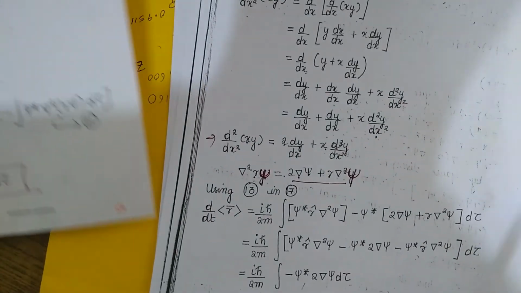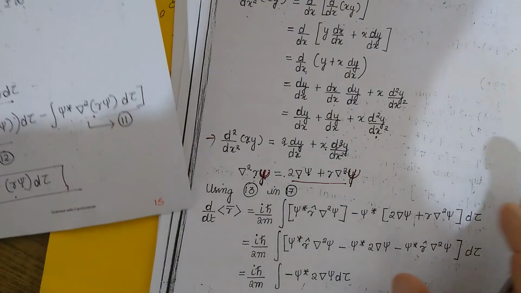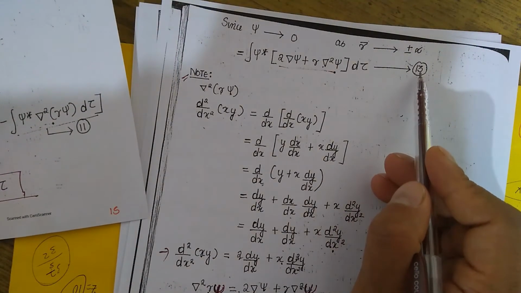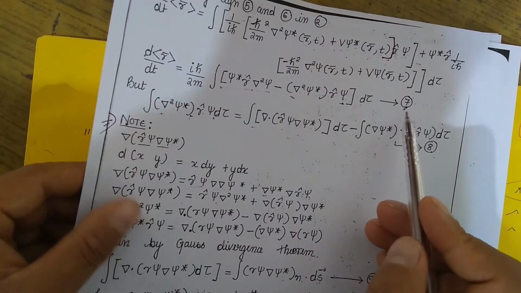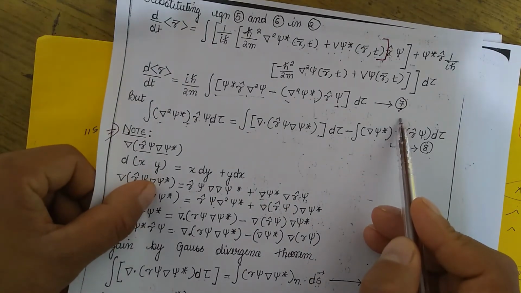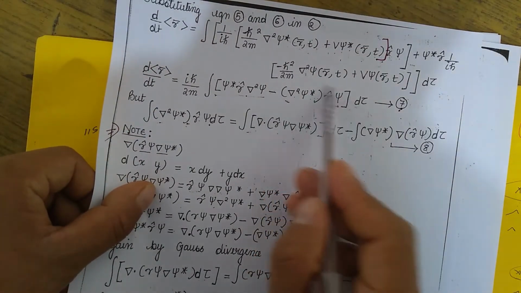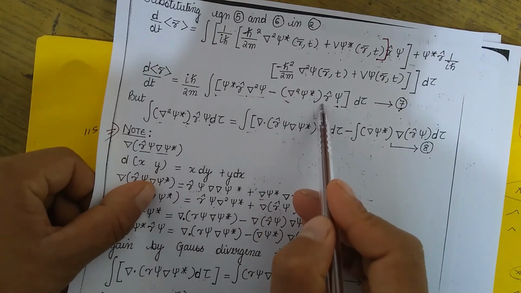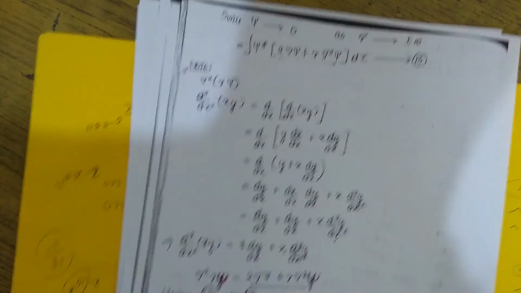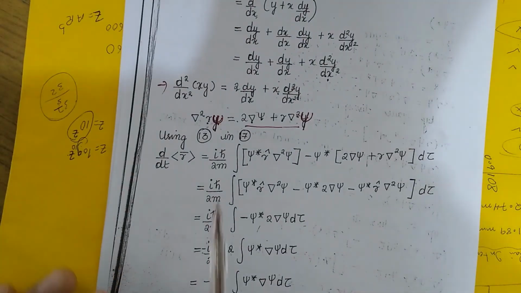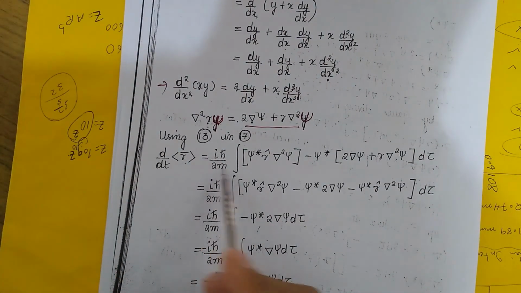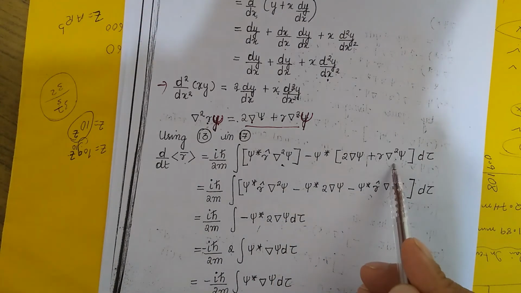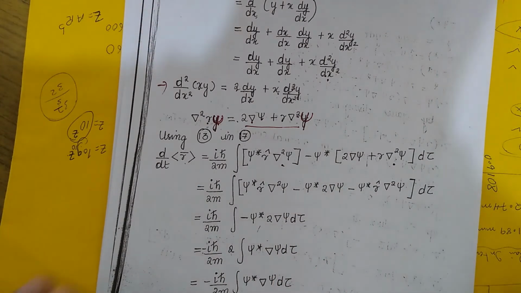All right, so now finally you have equation 13. When we put equation 13 in equation 7, we are coming back to equation 7 after solving this integration. If we put the value of this integration in equation 7, then we are going to get this term. All right, the first term, iħ/2m, will stay as it is, but in the second term we are going to put the value.